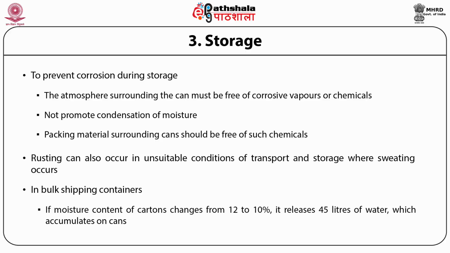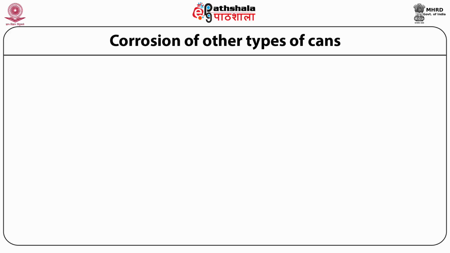Such a change could come about if the upper part of the container were exposed to the sun, causing the water to distill from the warmer to the cooler parts of the container. Despite such possible hazards, the use of large containers makes it much easier to apply measures needed to avoid rust promoting conditions.